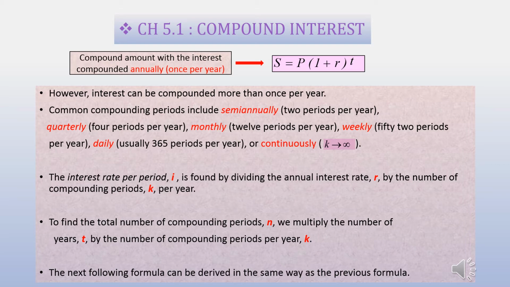If we put the symbol as N, then N is equal to the number of years multiplied by the number of periods in a year, which is K times T.